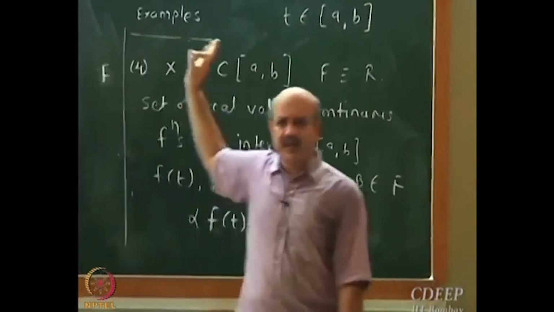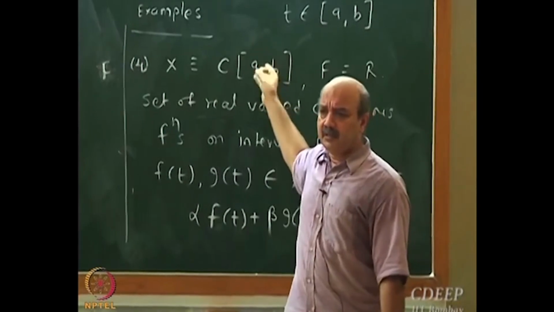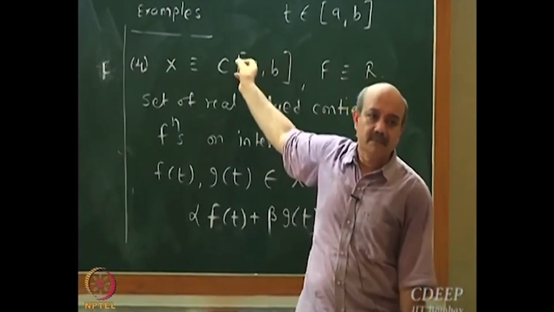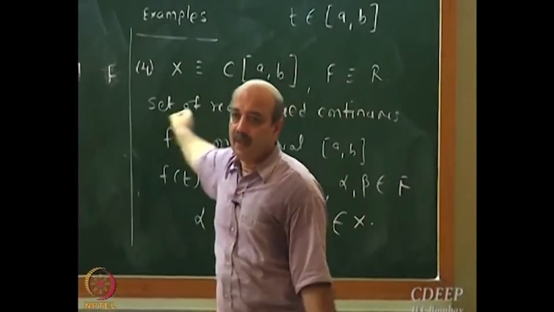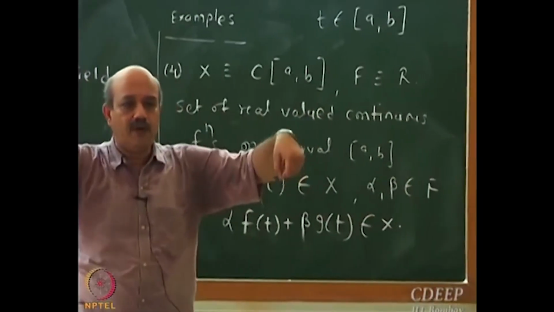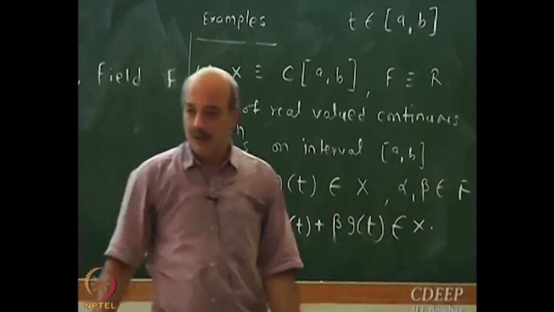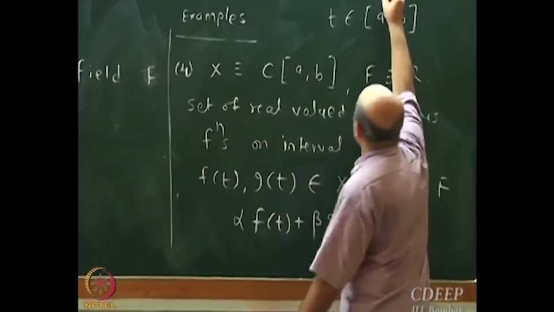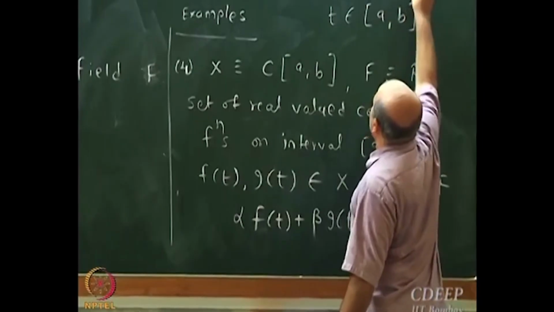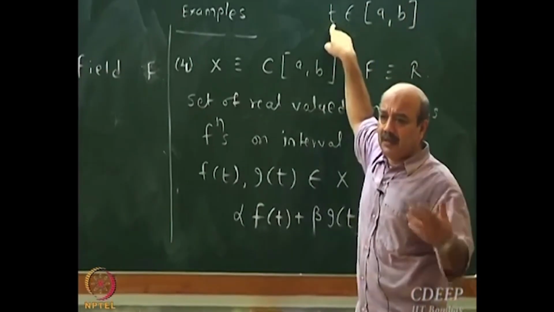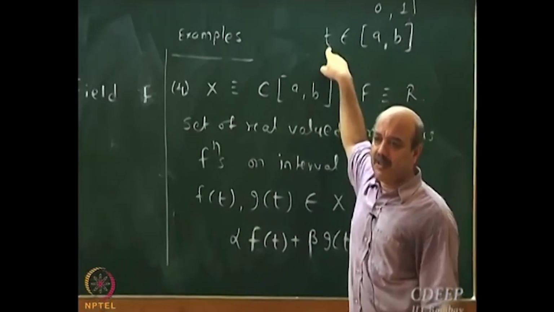Well, do we get this kind of function in chemical engineering? Think of the temperature profile in a heat exchanger. My interval would be 0 to 1. It will not be time; don't associate t with time, it could be space.